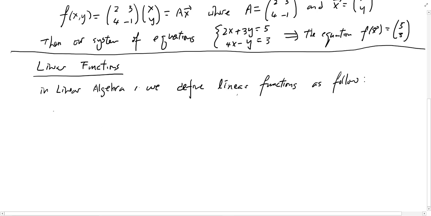So how do you define a linear function? Here's the definition. Let's say given a function f that maps from Rn to Rm. So this function doesn't have to be, actually maybe I should rewrite this.